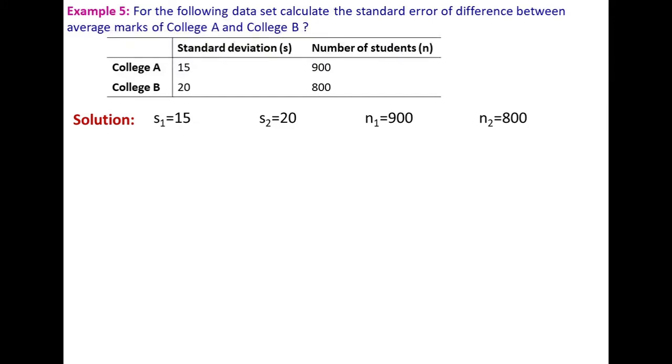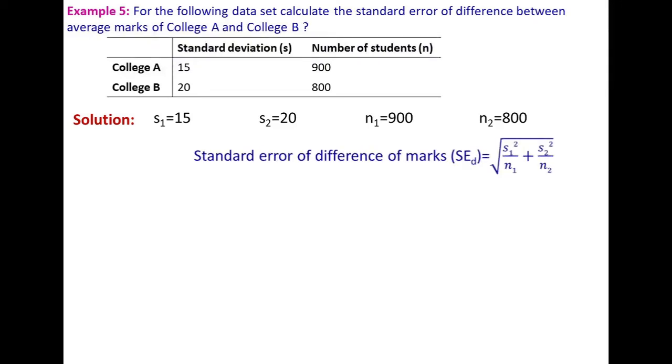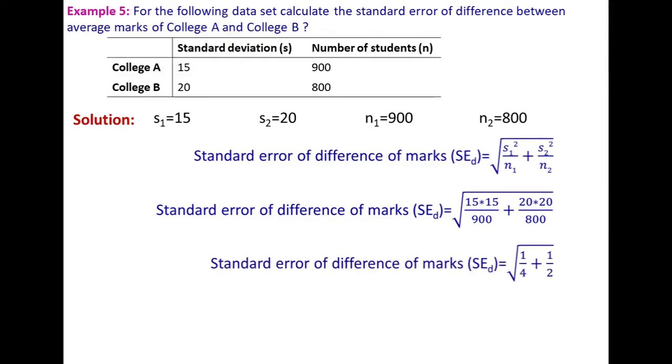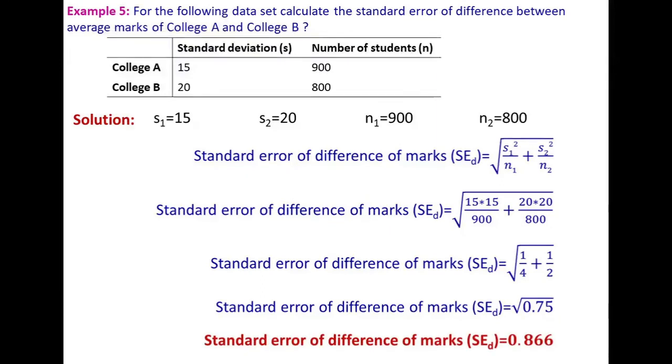And we knew the formula for standard error of difference of mean or SED will be square root of S1 square divided by N1 plus S2 square divided by N2. After putting all these values in this formula, we can calculate that the standard error for college A and college B mean marks will be 0.866.